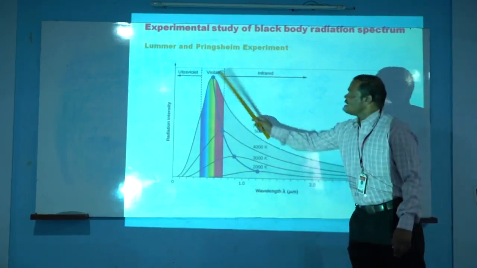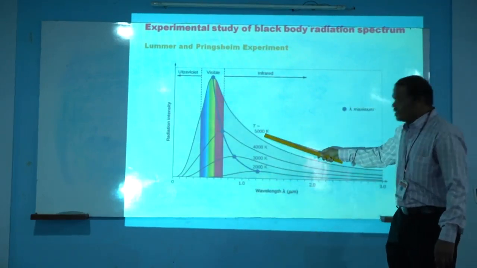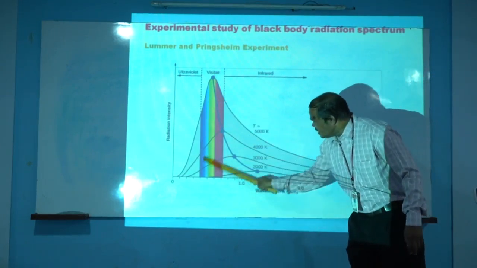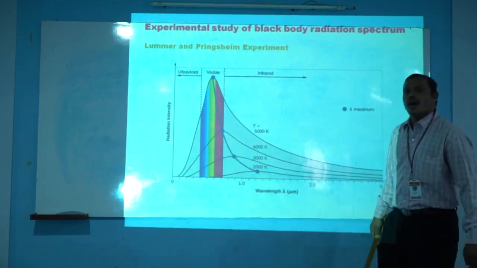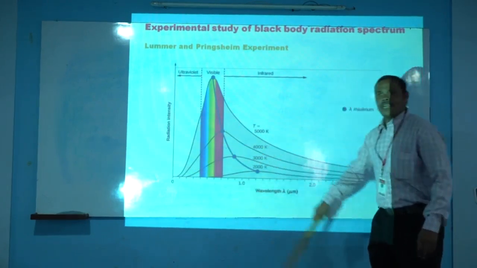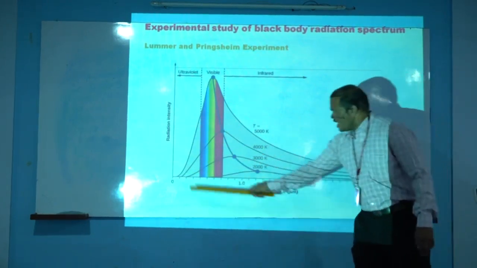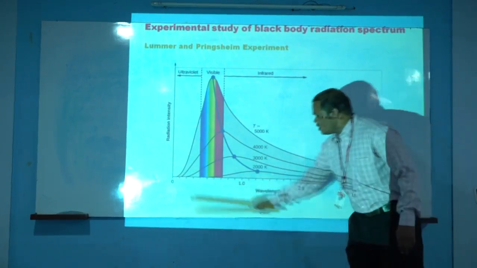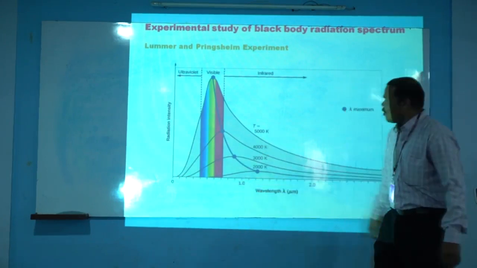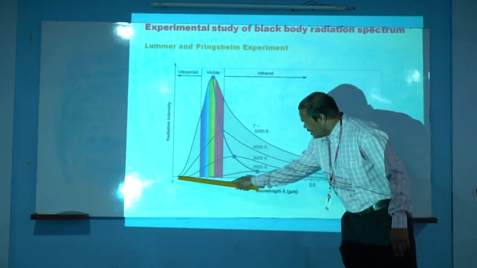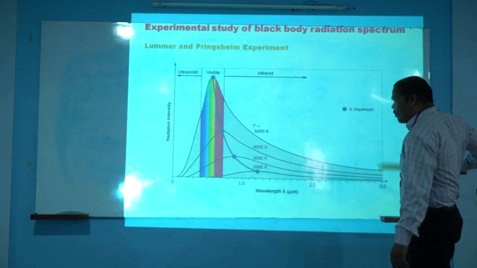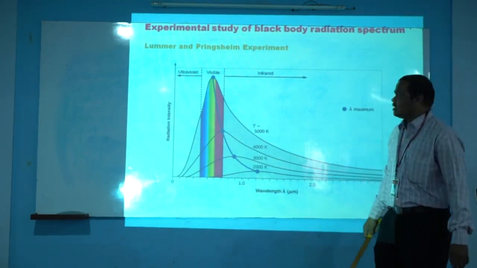So it indicates that as the temperature increases, the peak of the graph is shifted towards the shorter wavelength side. Note that on this scale, this is the origin of the graph, and smaller wavelengths are present at this side, and the wavelength increases away from the y-axis.